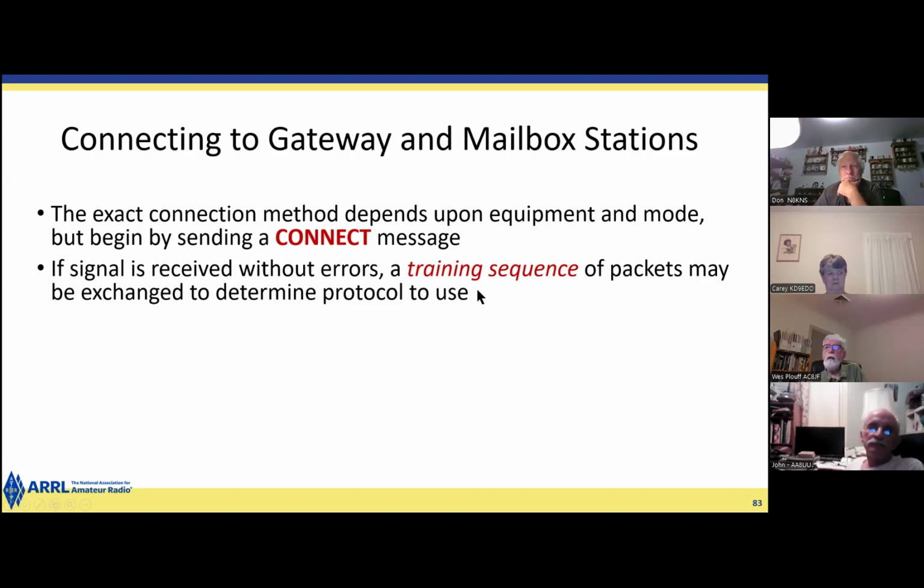This is the same as phone modems. If you remember phone modems, you'd hear a bunch of different sounds before the speaker turned off, and each different sound was the modem trying a higher speed with a slightly different protocol. And it's the same way with packet radio. If they can operate at multiple speeds using different modulation methods, then they will try for the highest speed that makes sense in terms of minimum errors.